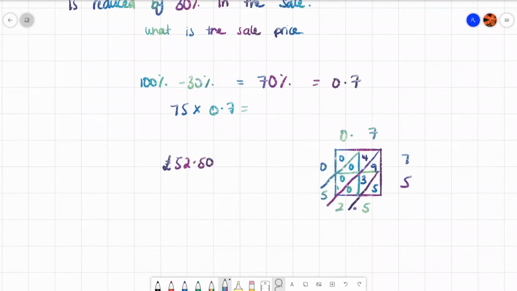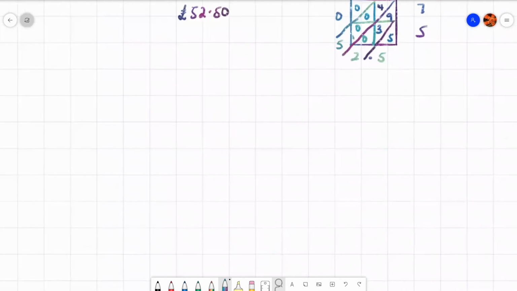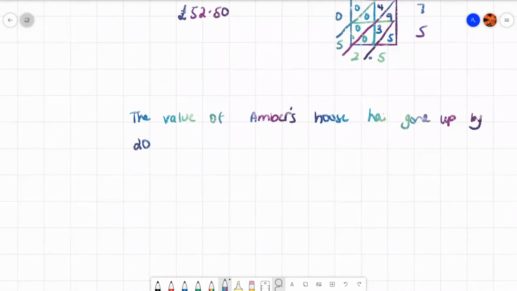Right, let's have a look at another one. The value of Amber's house has gone up by 20% in the last year.